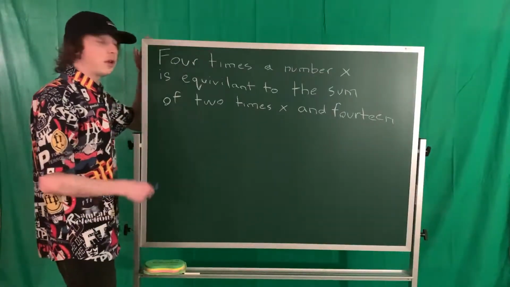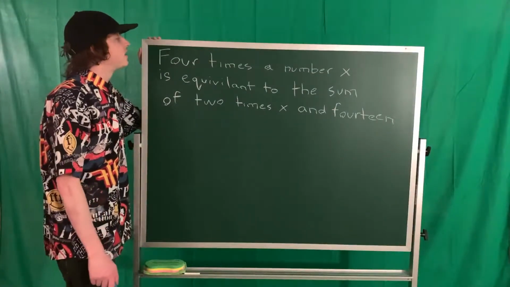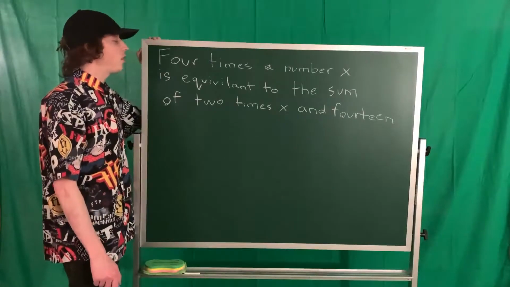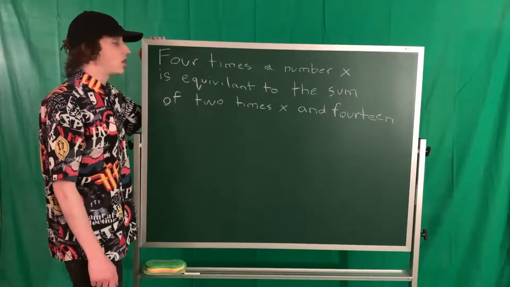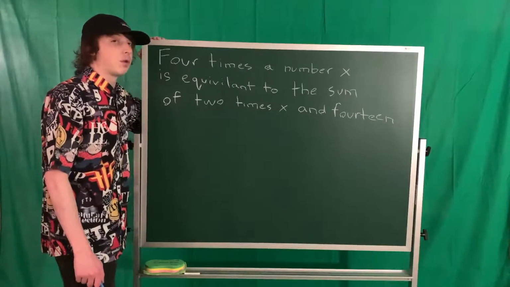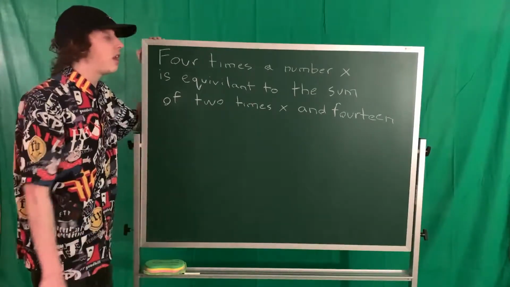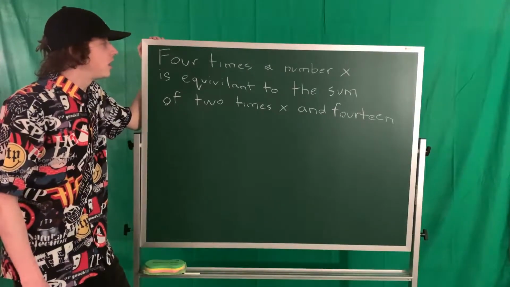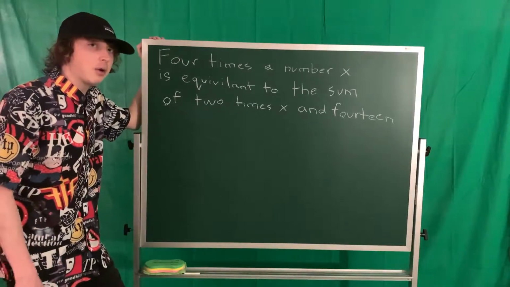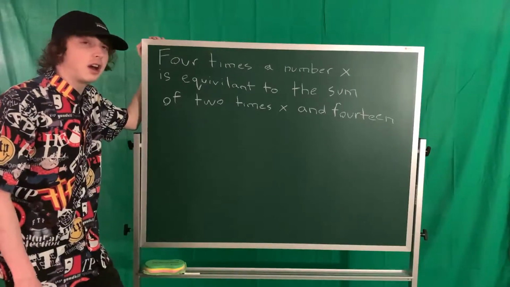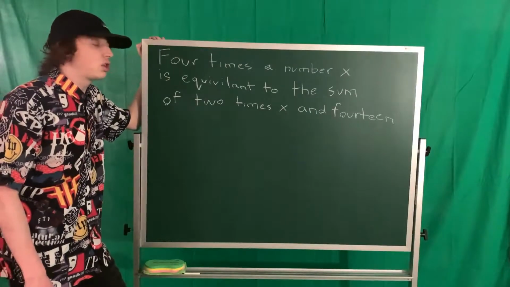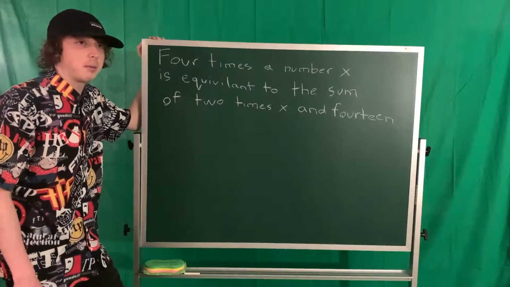All right. So here we have the statement that says 4 times a number x is equivalent to the sum of 2 times x and 14. One way that I used to do this when I was taking Algebra 2 is I would break this down. I would underline keywords that I understood and made sure that I was able to incorporate them properly.